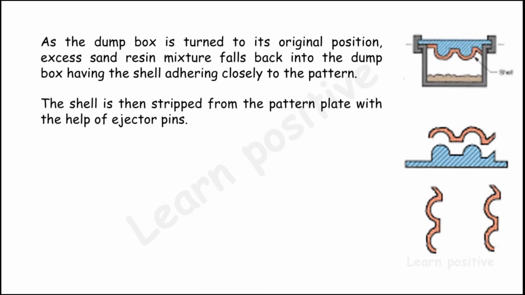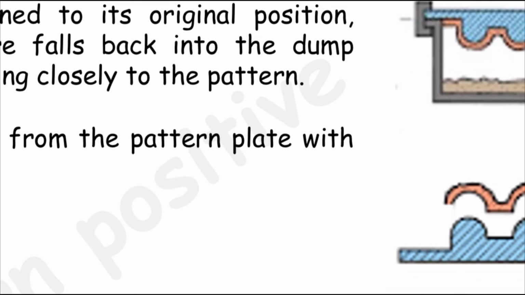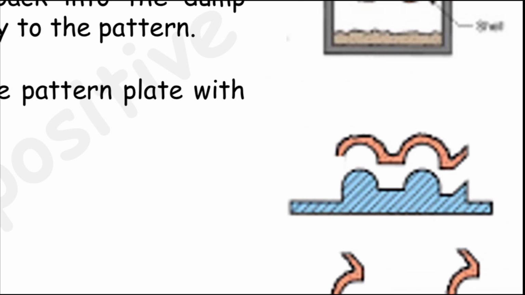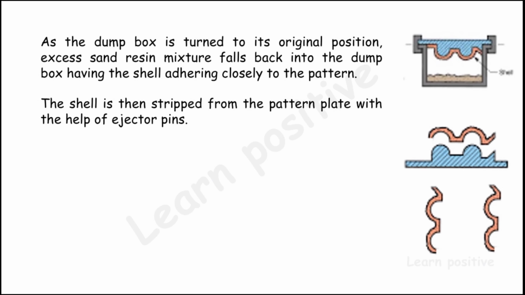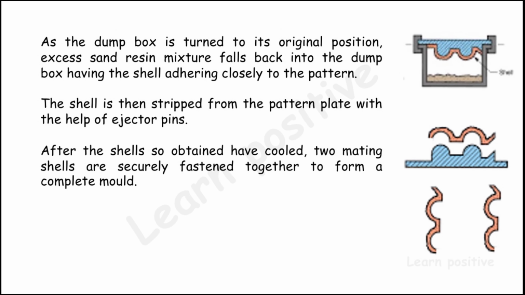Second, the shell is stripped from the pattern plate with the help of an ejector pin. So you can see in the second image the shell was removed from the pattern using the ejector pin. Now the shells so obtained are cooled, and mating shells are securely fastened together to form a complete mold.